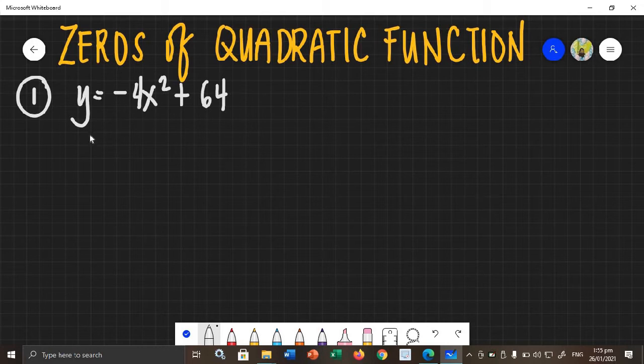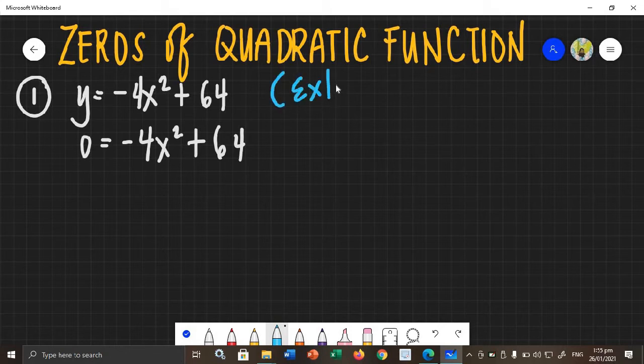So first po na kailangan gawin, i-equate natin yung function sa zero, para mawala yung isang variable which is y. And then right after that, ang gagamitin ko na method ay by extracting the roots.